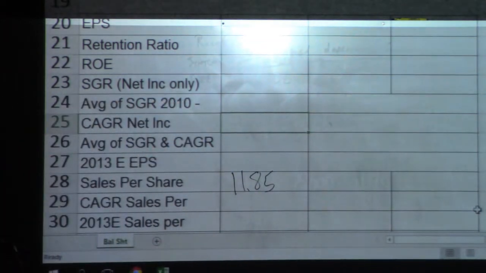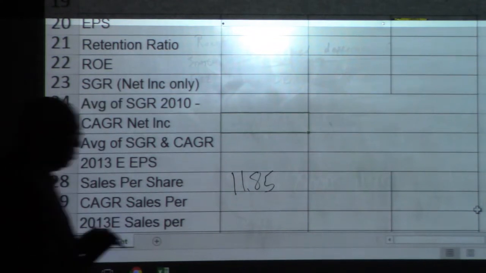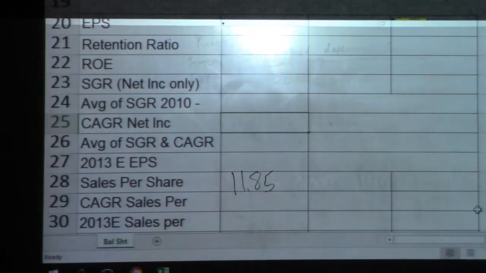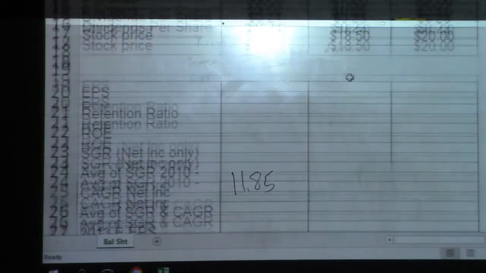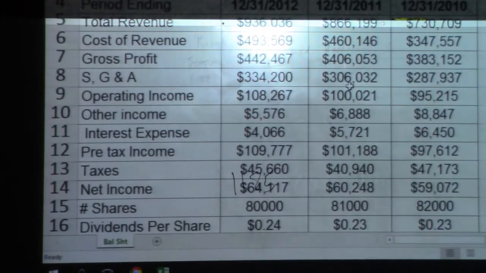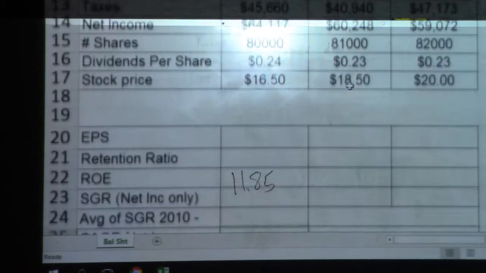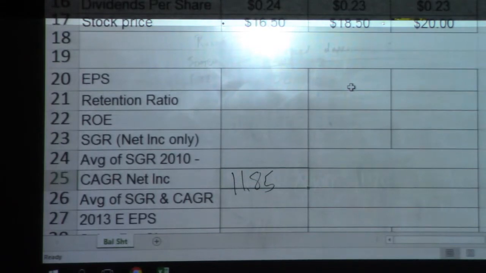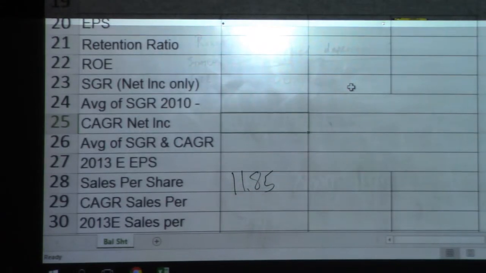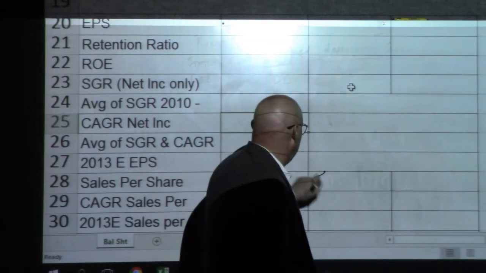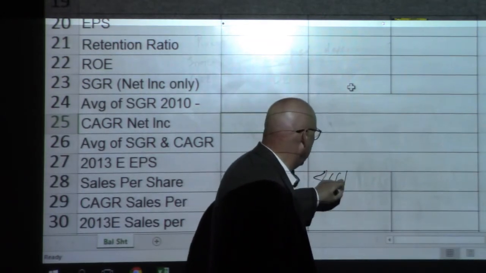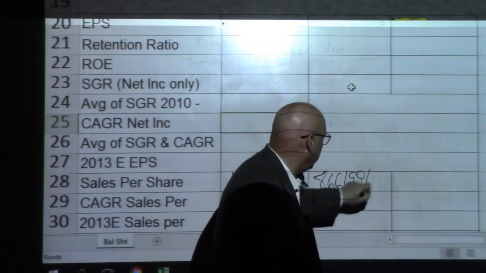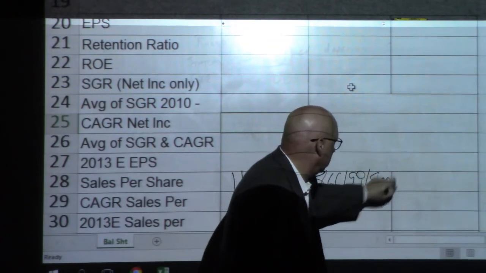Okay? Now, let's find sales per share in 2011. Scroll back up. Sales, $866,199, divided by 80,000 shares.